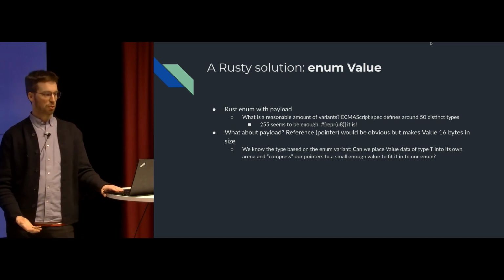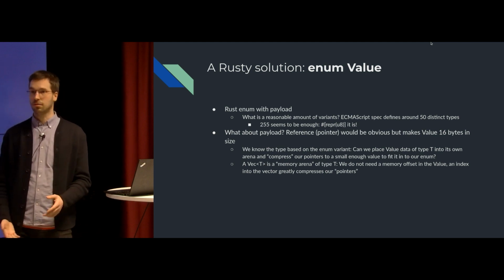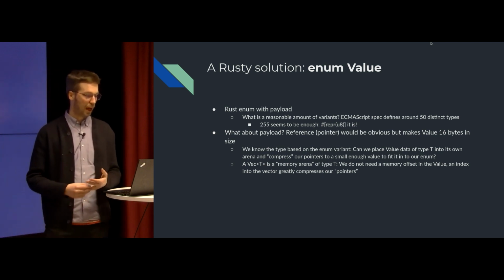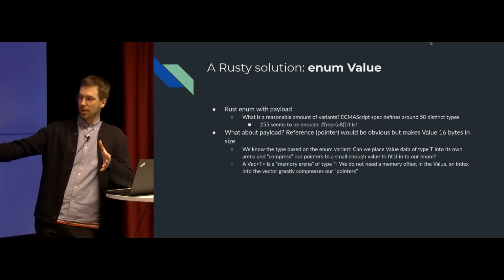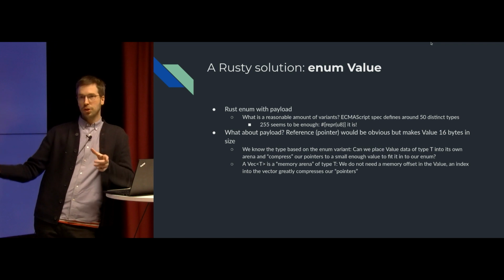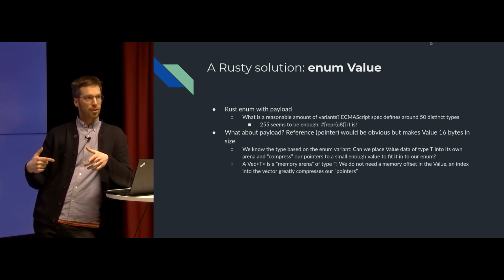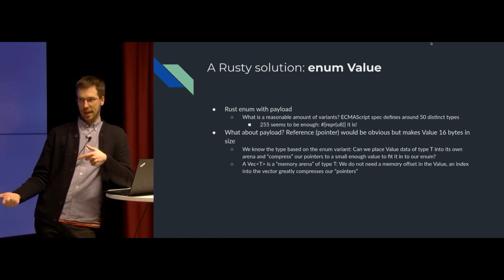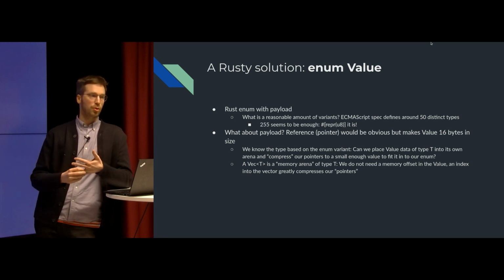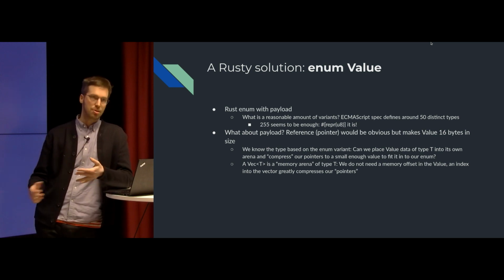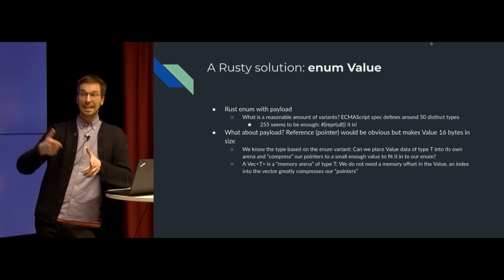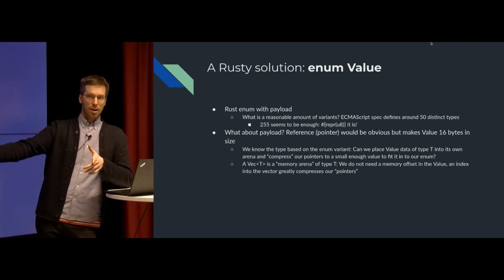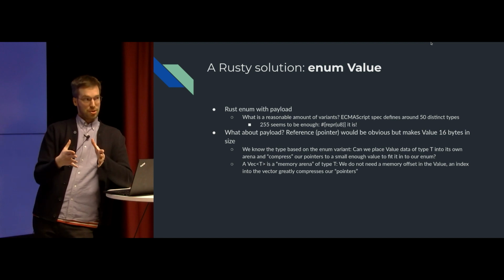What kind of memory arena could we do? Well, a Vec. Yeah, sounds good enough. So a Vec is a memory arena of type T, right? And one good thing, first of all, is that when you index into a Vec, the index you give is a usize, yes, but it's not a memory offset into the vector. It's the index into the vector. That already compresses your pointers.